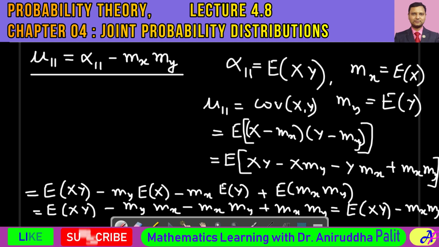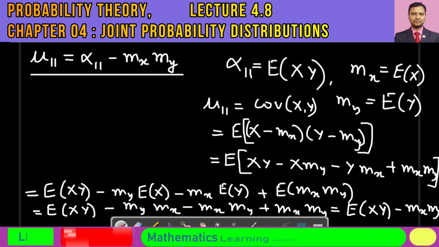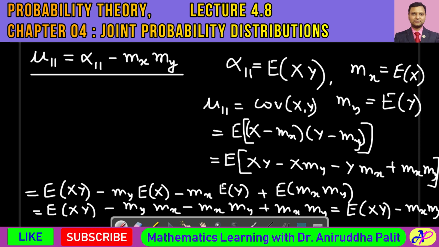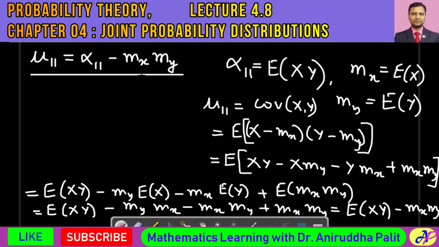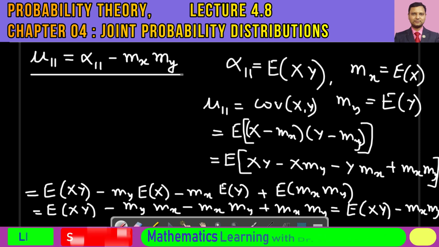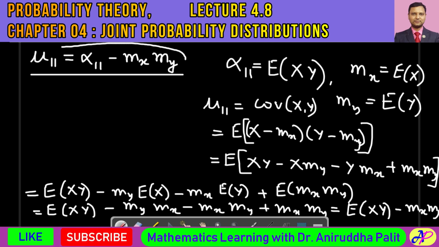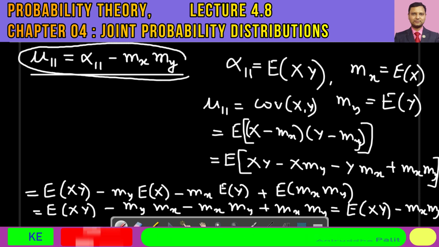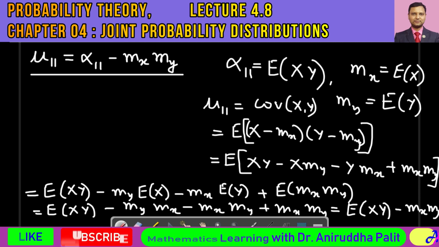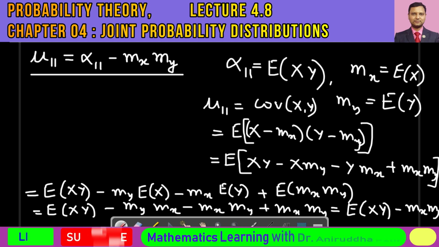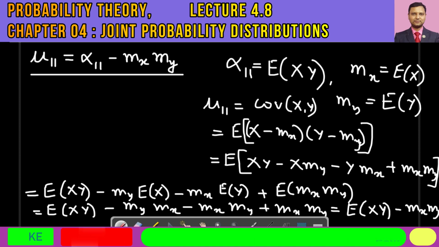We know that the expectation of xy is this quantity alpha 1 1, so alpha 1 1 minus mx into my. So we have proved the result that mu 1 1 is equal to alpha 1 1 minus mx into my. This is the third result that I wanted to discuss over here.